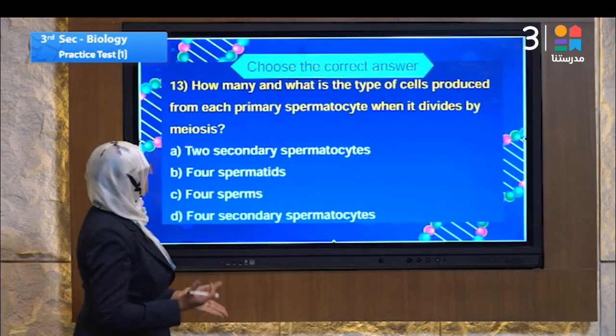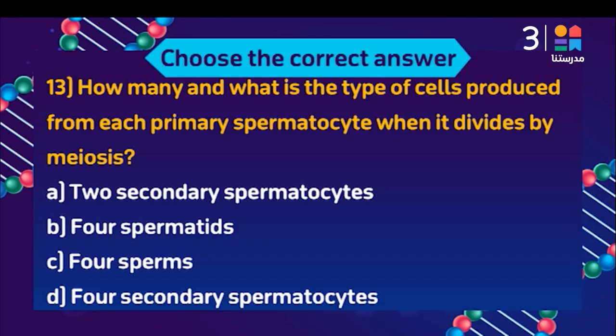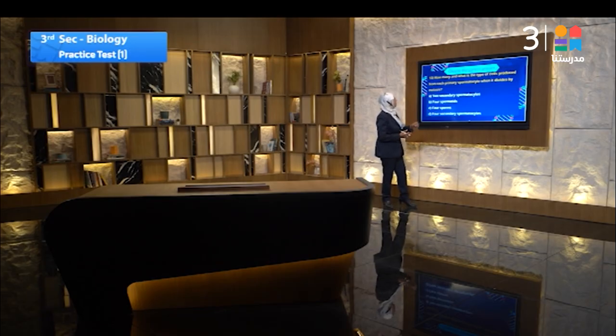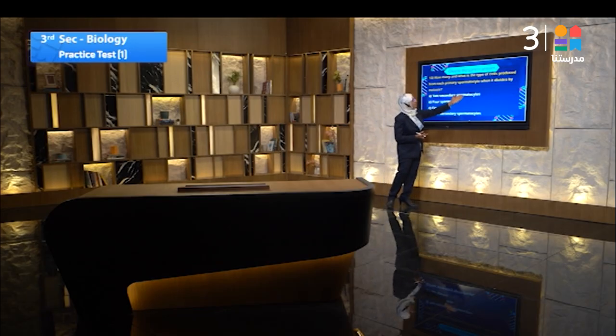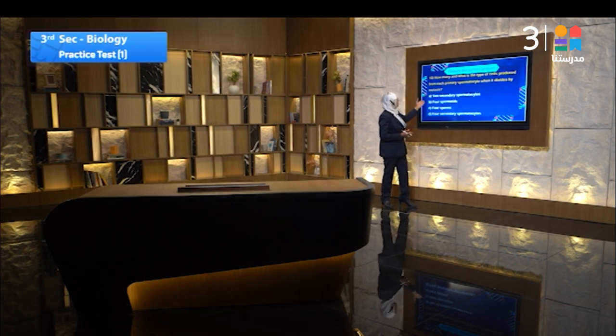Let's go to 13. How many and what type of cells are produced from each primary spermatocyte when it is divided by meiosis? Let's speak about two parts. The first part is about primary spermatocytes and the division by meiosis. There are four choices. The first one is 2 secondary spermatocytes.